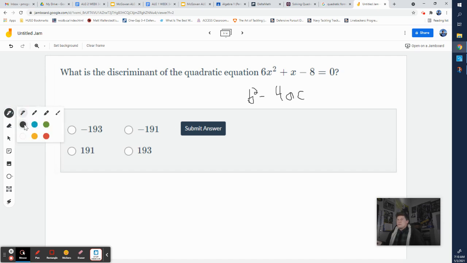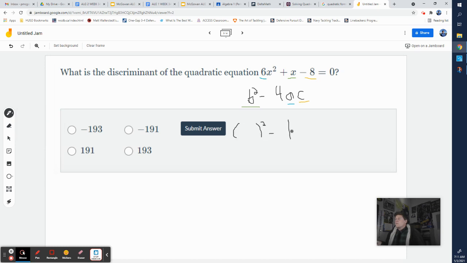So let's get our values. If I'm going through, let's make this our a value. Let's make the green our b value. And then let's make c our yellow value, just like before. And now we can plug this stuff in. B goes with this one, which is that invisible 1 exponent. So I'm going to plug a 1 in for b.